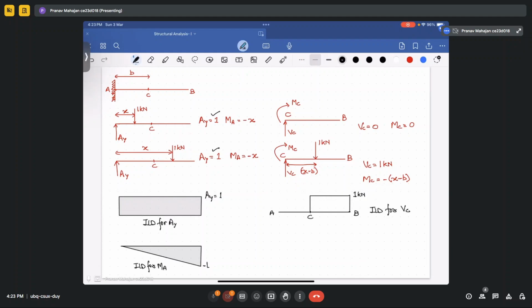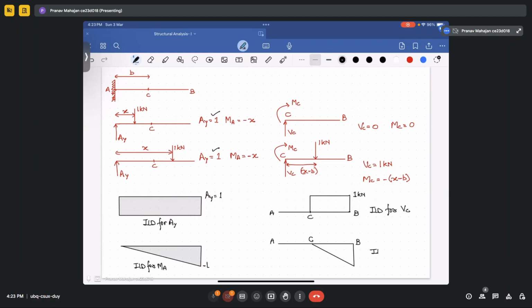Okay. Now, if you want to calculate the ILD for moment at C, how will it look? Again, between A and C, the value is 0, and from C to B, it will be this one. Okay. So this is the value.